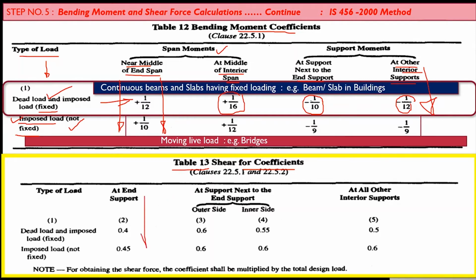Here in this column you will find shear coefficients at end support. In these two columns you will find the shear coefficient for support next to end support, outer side and inner side, and at all other interior supports you can take these coefficients.